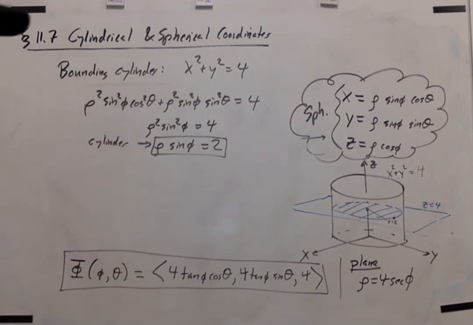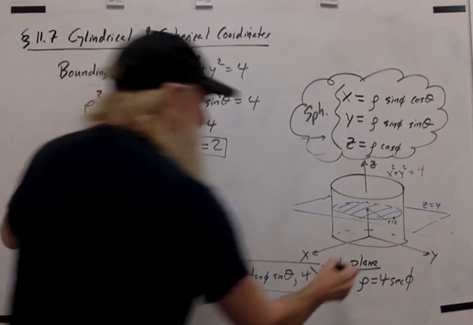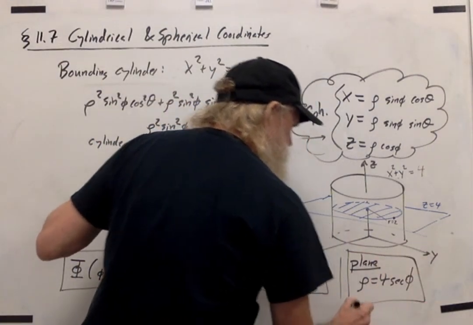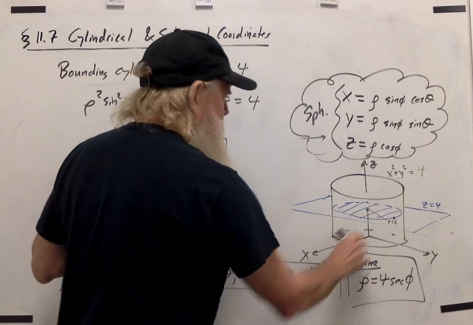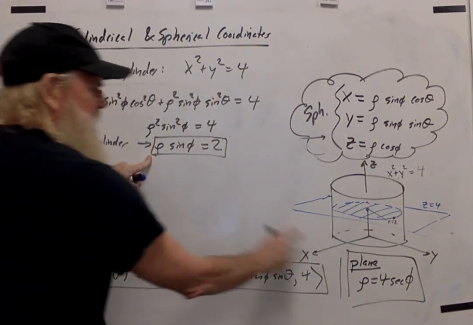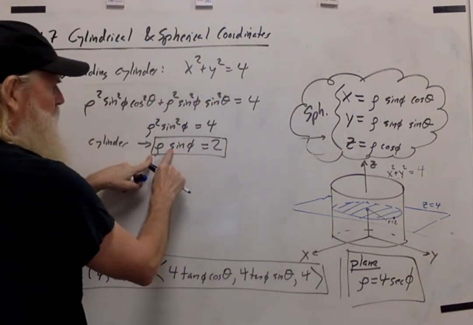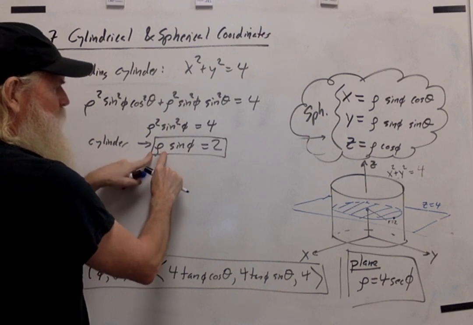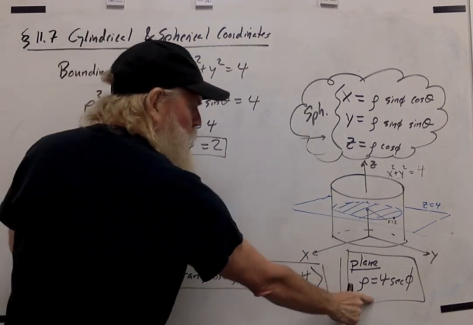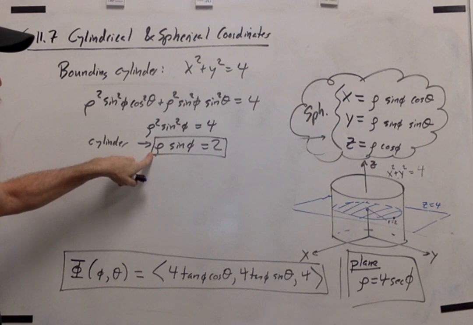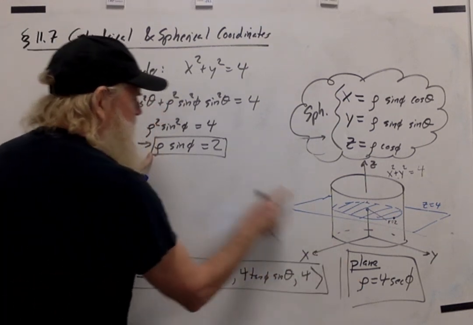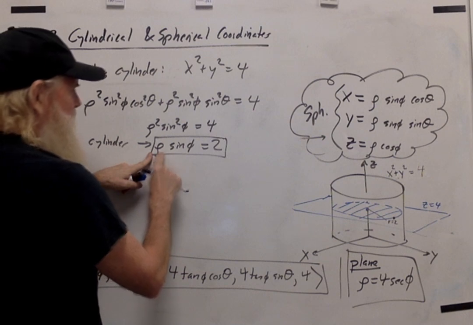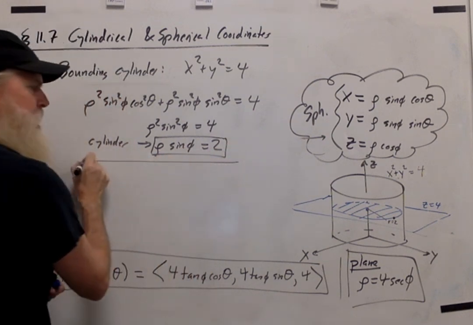So if I want to find out where the cylinder intersects the plane, so if I want to find out where this blue circle is, I need to intersect these two surfaces. I need to intersect rho sine phi equals 2 with rho equals 4 secant phi. So I'm going to take the equation for the plane and substitute it into the equation for the cylinder.